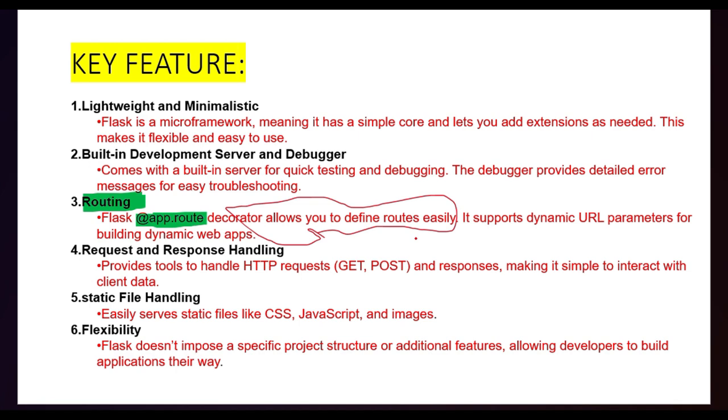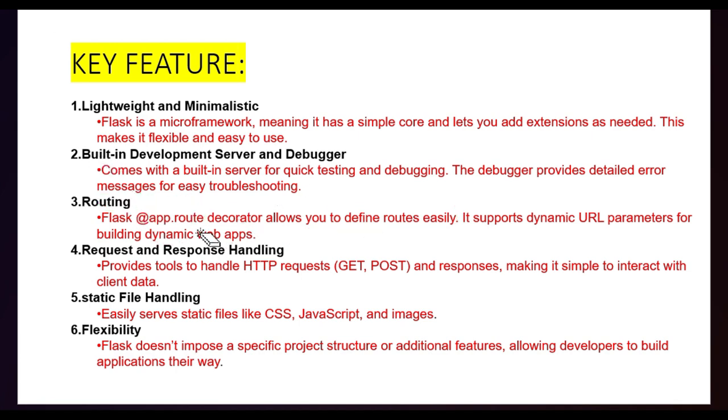By defining app.route, Flask knows where the URL maps to. It also supports dynamic URL parameters for building dynamic web apps. By accessing that, we get the output we have given. So this is why we use app.route.